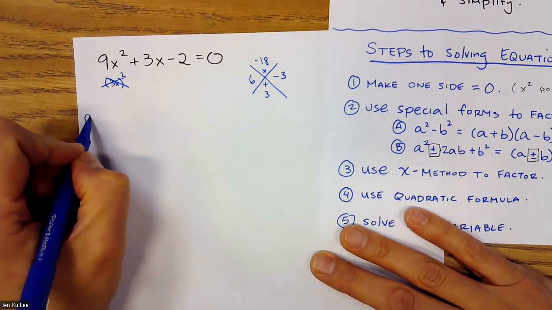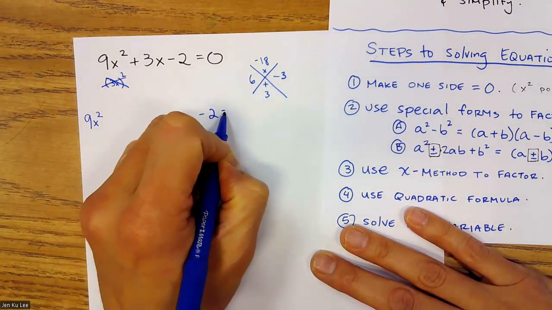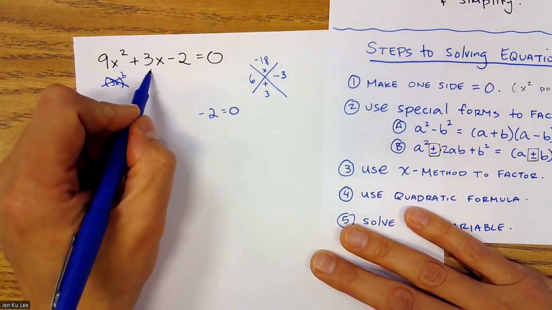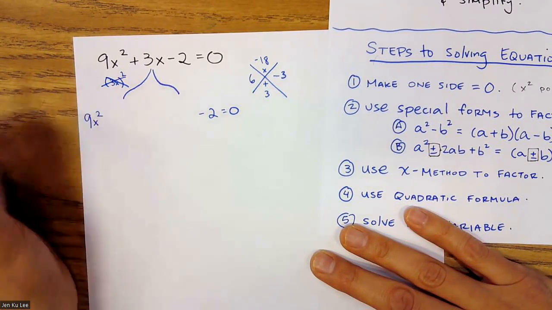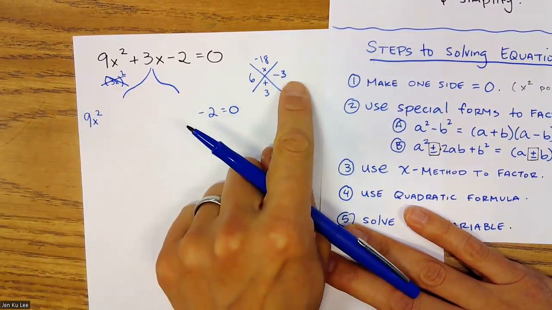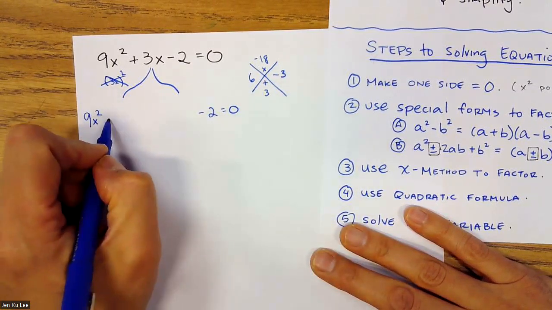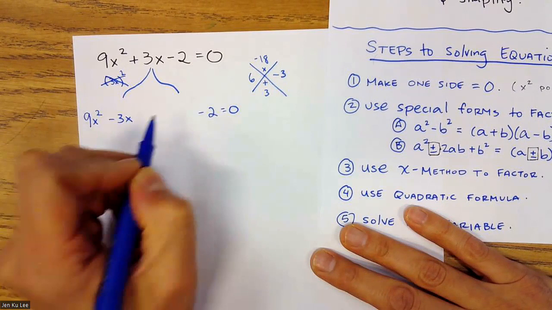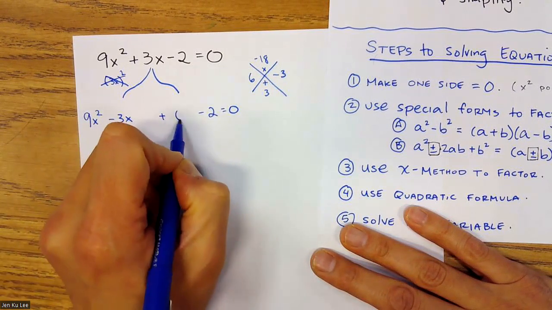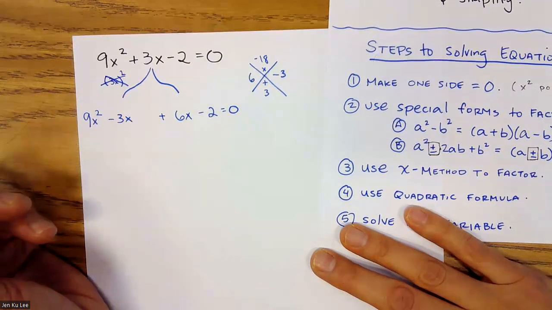So here, 9x squared, then 3x, then negative 2 equals 0. And in this 3x, remember the pro tip: if you have a positive and a negative number, put the negative number here and put the positive number here, just so that you don't have to pull out that negative.